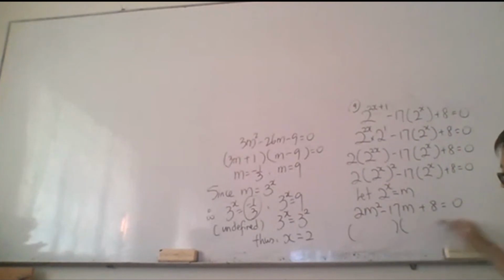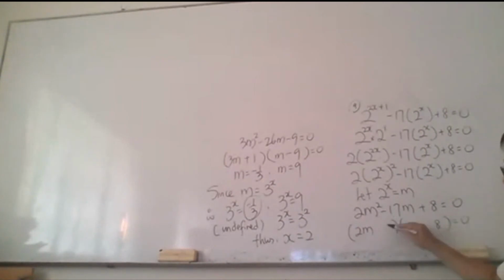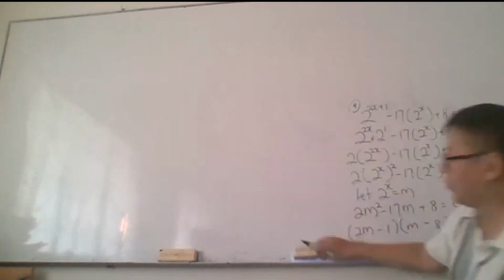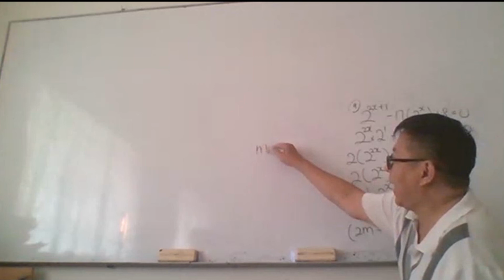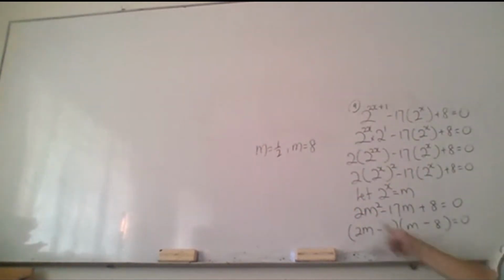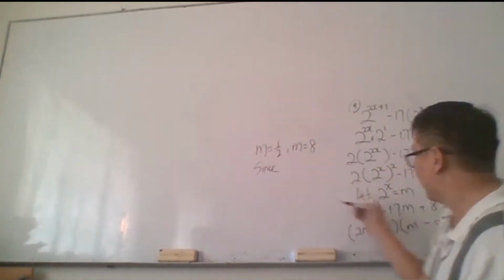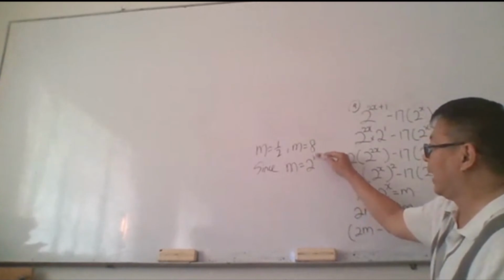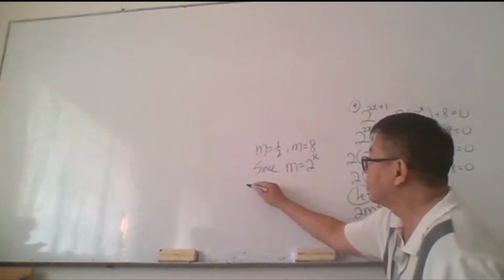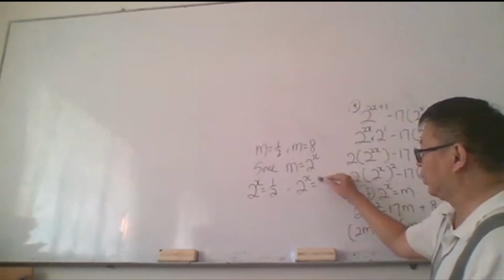I need to do a very simple factorization: (2m - 1)(m - 8). So my m will be 1 over 2 and my m will be 8. Now I can get two values for m. Since m is equal to 2^x, because just now you let 2^x equal to m, then 2^x equals 1 over 2 and 2^x equals 8.